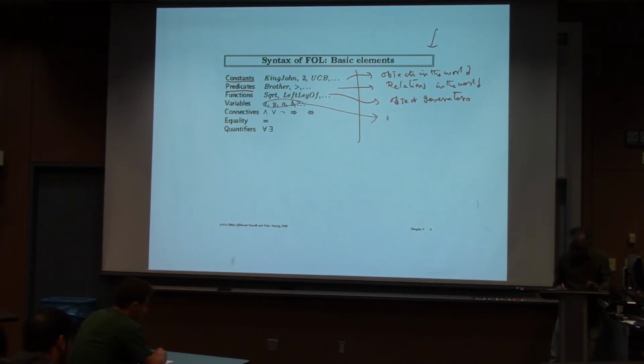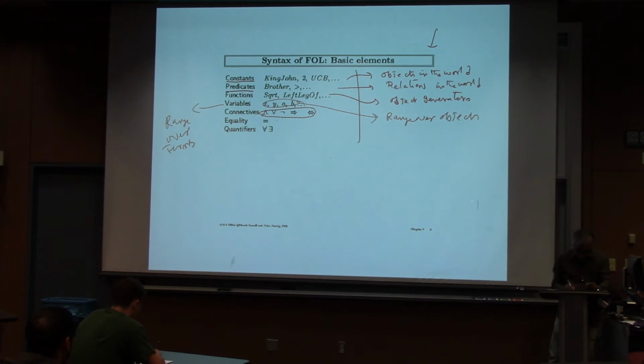Variables essentially range over objects. In syntax here, variables range over terms. Then there are of course connectives, the usual logical connectives, the and, the or, the negation, the implication, and the bidirectional implication. You know these. These are stuff from propositional logic.